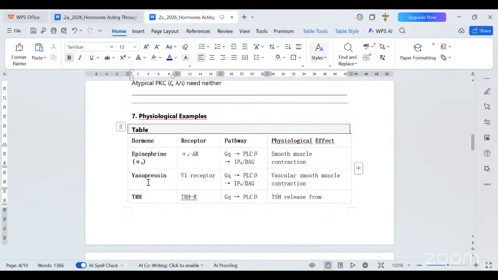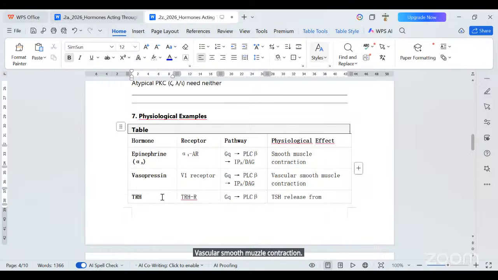Vasopressin is another type of hormone. When vasopressin binds to its receptor V1, also in a series of reactions, IP3 and DAG are released. What is the effect? Vascular smooth muscle contraction.